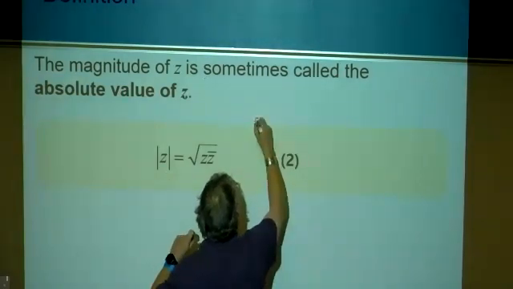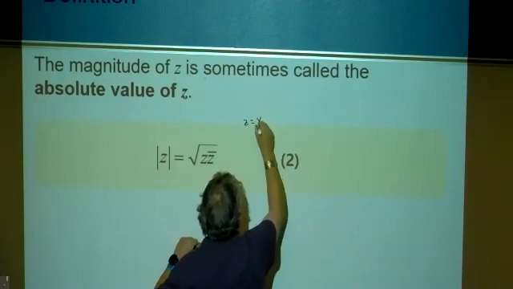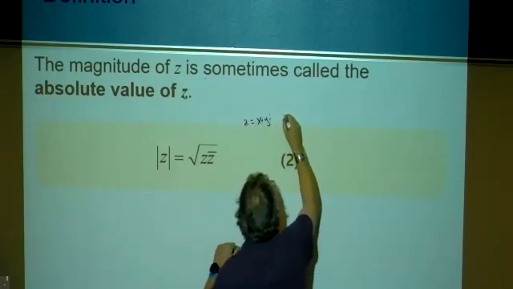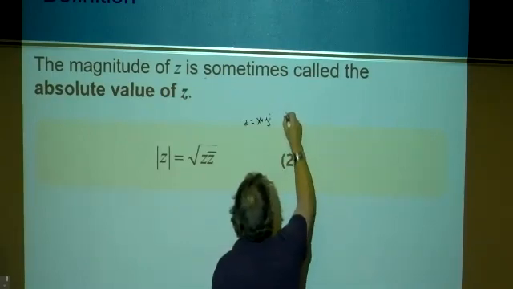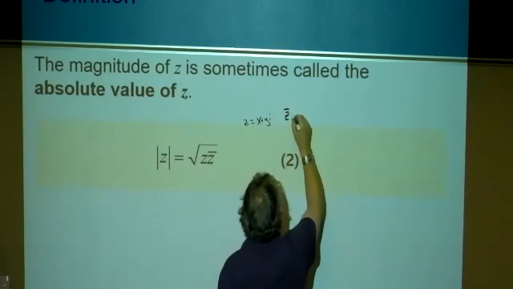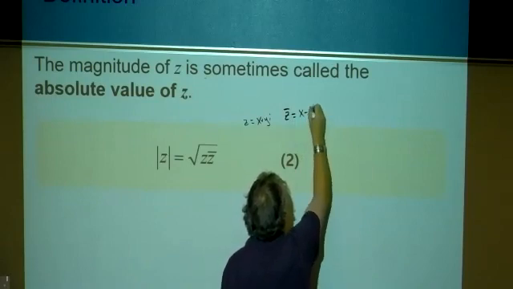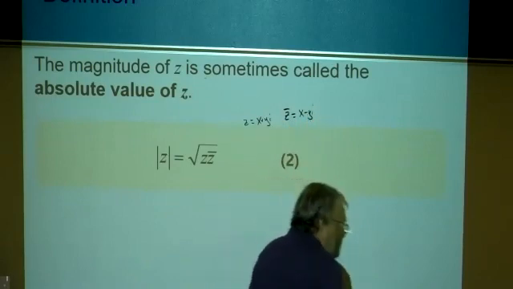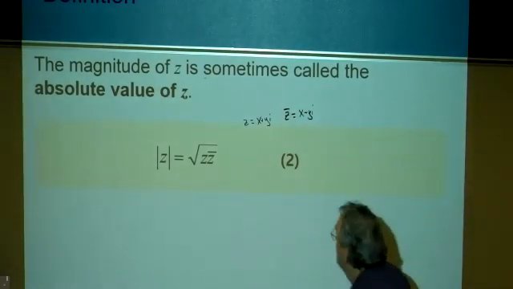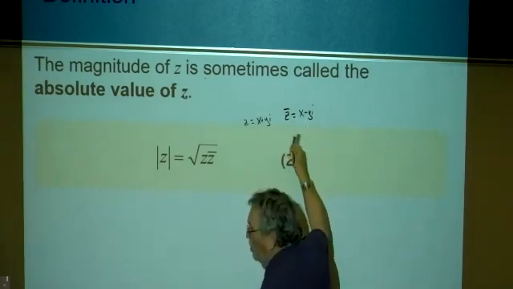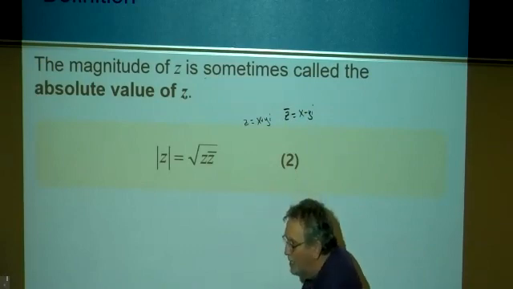But z-bar, if z equals x plus yi, then z-bar is x minus yi. They're conjugates, right?